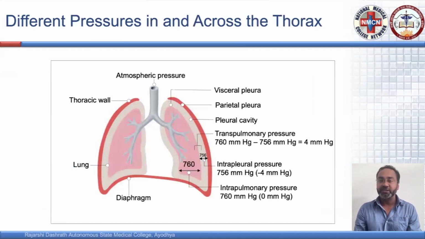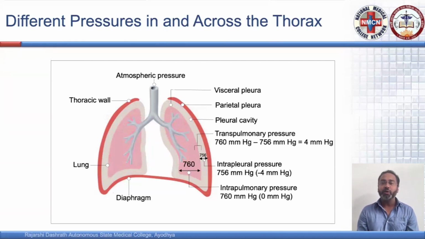So because of these three phenomena, because of contraction of the diaphragm and contraction of the external intercostal muscles, there is an increase in rostral-caudal, transverse, and anterior-posterior diameter, your intrathoracic volume goes up, and because of which intrapulmonary pressure goes down.